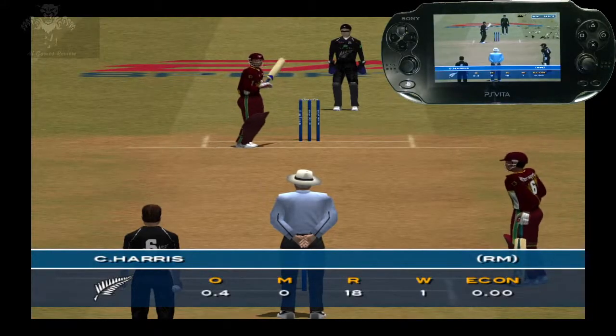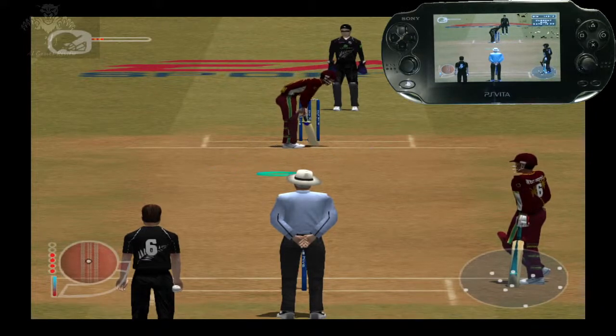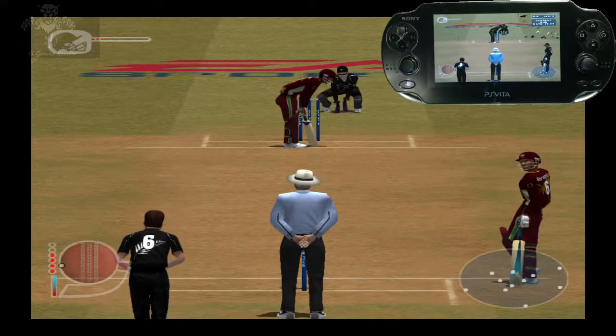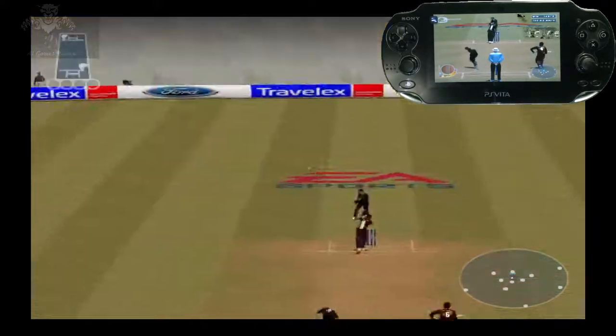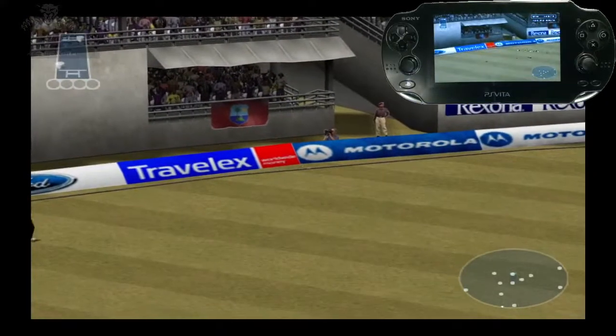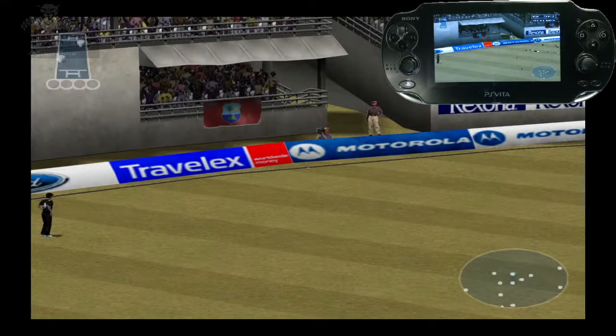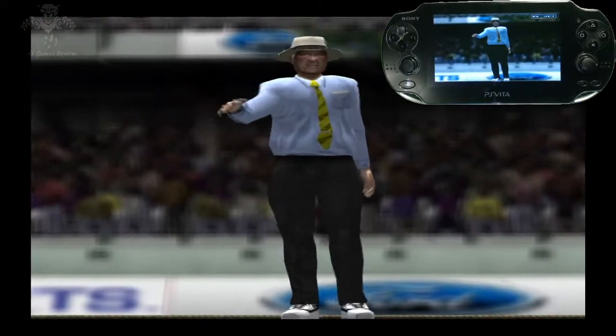Jacobs facing. West Indies have taken their total on to 153. The bowler needs to avoid giving away boundaries, so he must keep it tight.